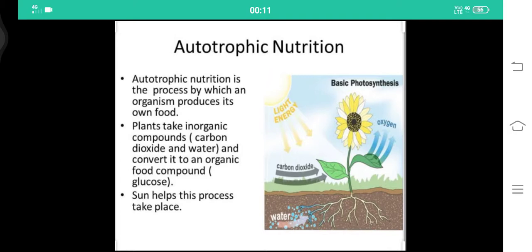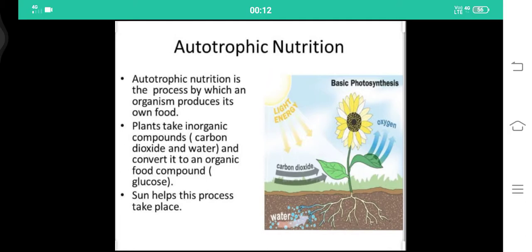Now understand. What is the definition of photosynthesis? Photosynthesis means what? Photo means light. Synthesis means preparation. Preparation of food in the presence of sunlight by using inorganic raw materials like carbon dioxide, water, in the presence of sunlight and green pigment chlorophyll.